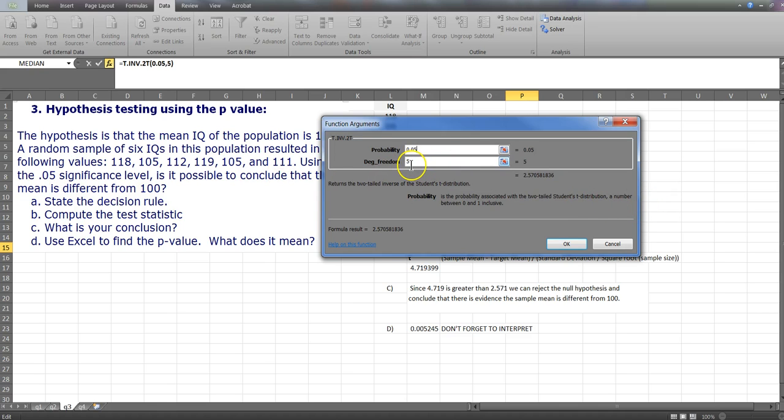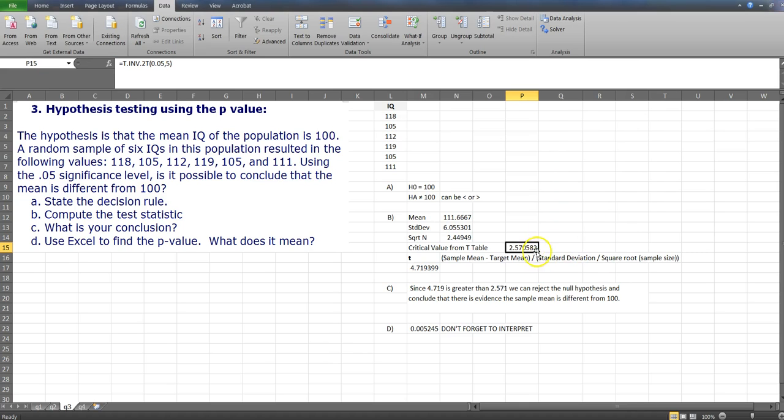Now remember it's sample size minus 1, it gives me 5, and so I have a critical value of 2.57, and our decision rule here is, similar to the previous problem, since 4.72 is greater than 2.571, we can reject the null and conclude that there is evidence that the sample mean is different from 100. Now the p-value, okay?